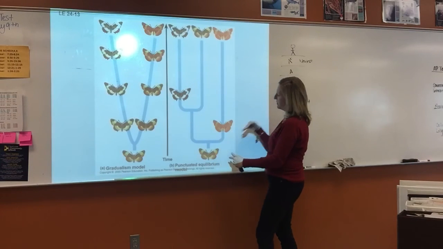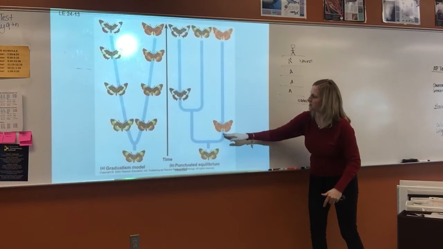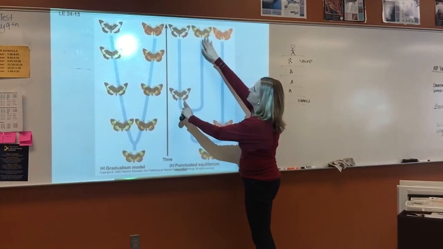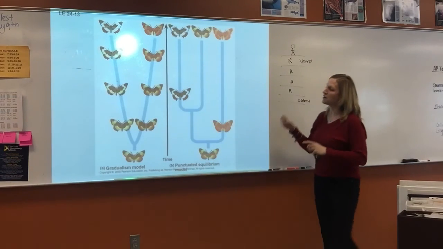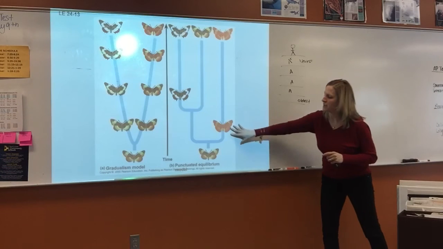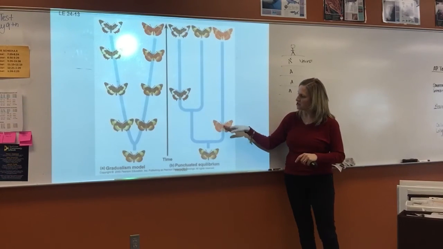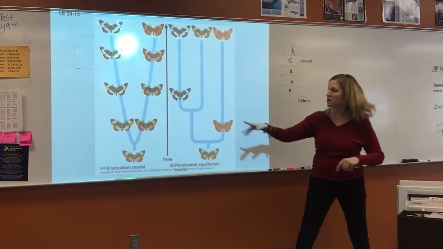So over time here, as we go up to the newer layers, we find this fossil, and then boom, we get this fossil, and then it seems like over here we still have this same older one, and we have a newer one here, and it seems to be sudden. So that's the punctuated equilibrium model: we have these sudden changes that occur very quickly, and then long periods of time where we don't see changes.